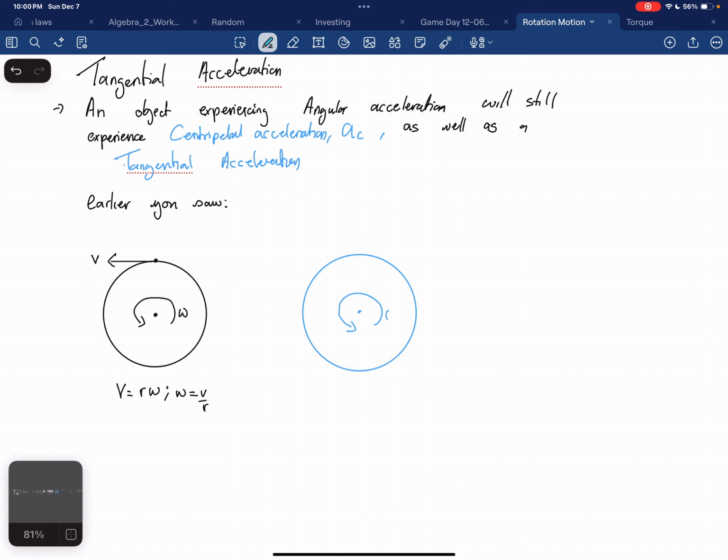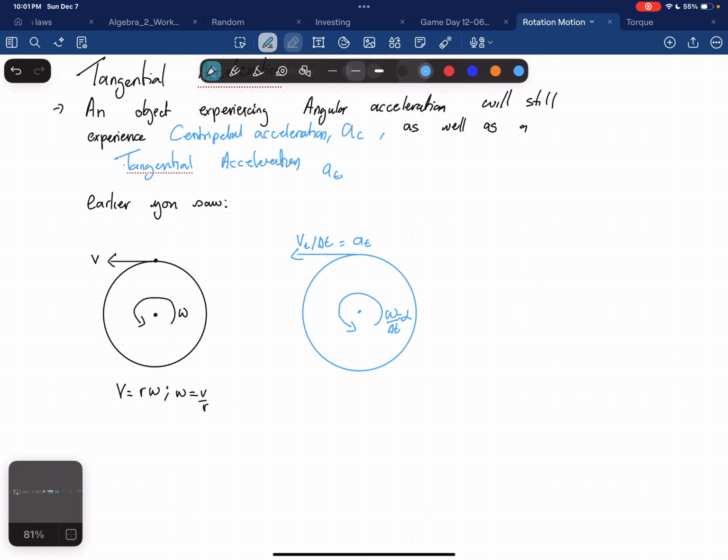Because we're moving faster, our linear velocity is also going to get faster. So our tangential acceleration is referred to as AT, right? Anyway, because this is changing over time, I can divide this by time, and this is going to be my AT. It's going to be my alpha, right?